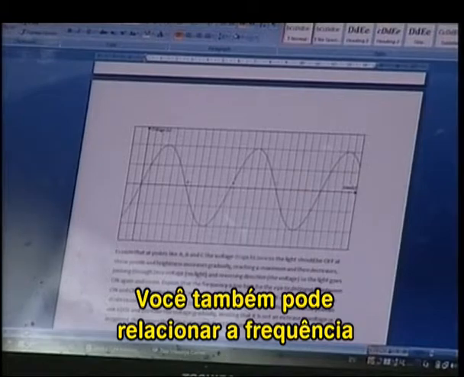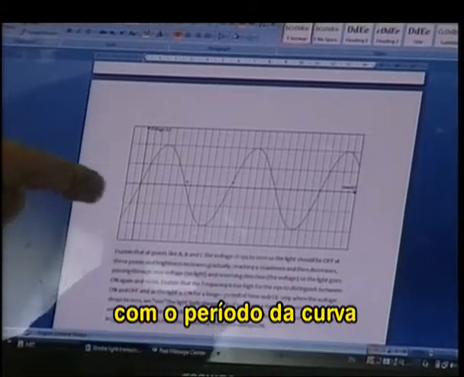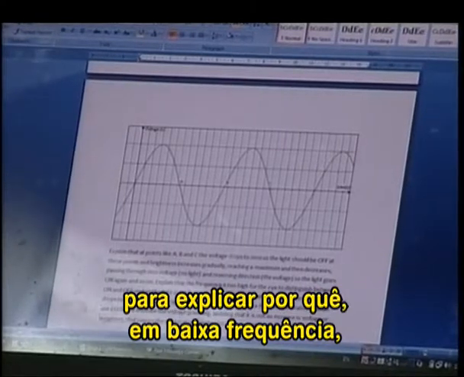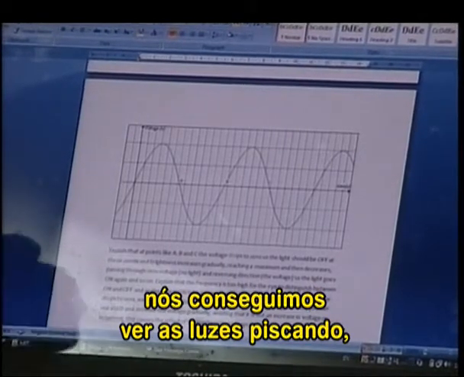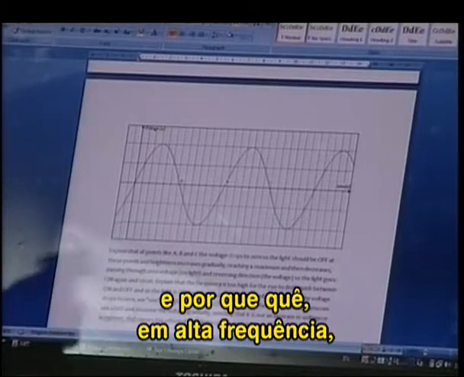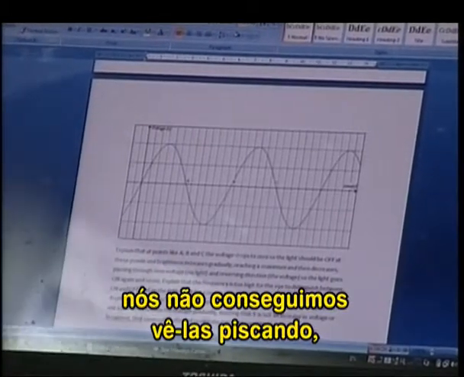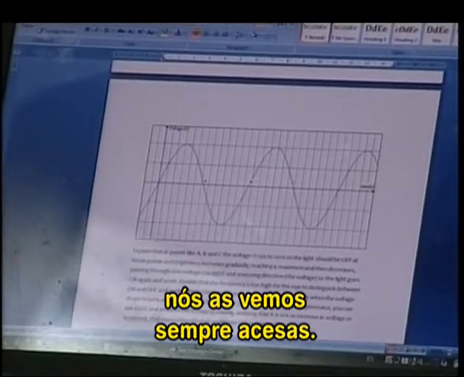You can also connect the frequency to the period of the signal to explain why at low frequency we can see things blinking, going on and off, and why at high frequency, when the period is very small, we cannot see them, so we see them always on.